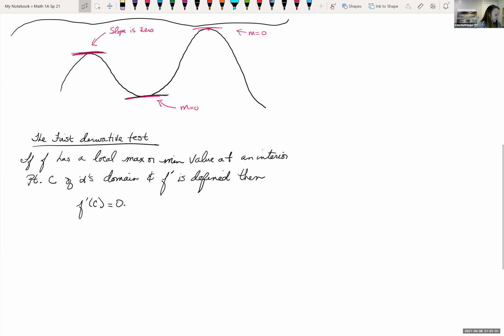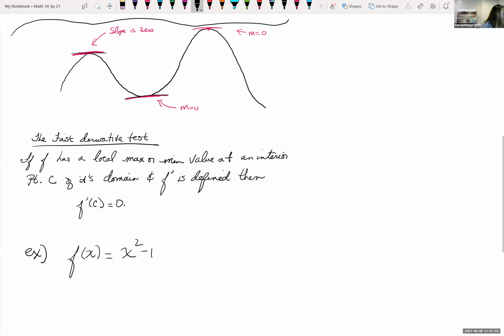Okay, so let's look at an example now. Let's say that we have f of x is equal to x squared minus 1.